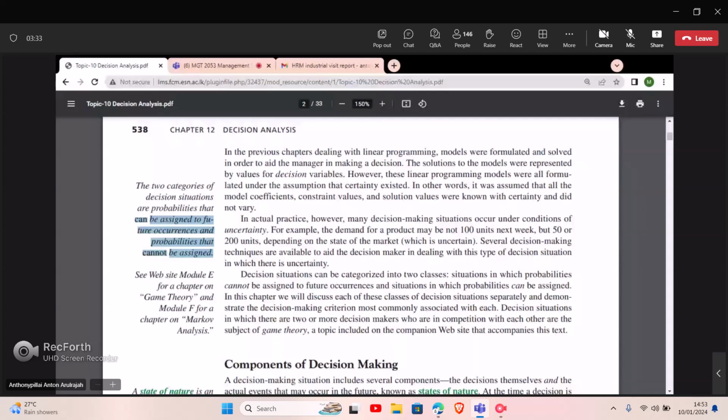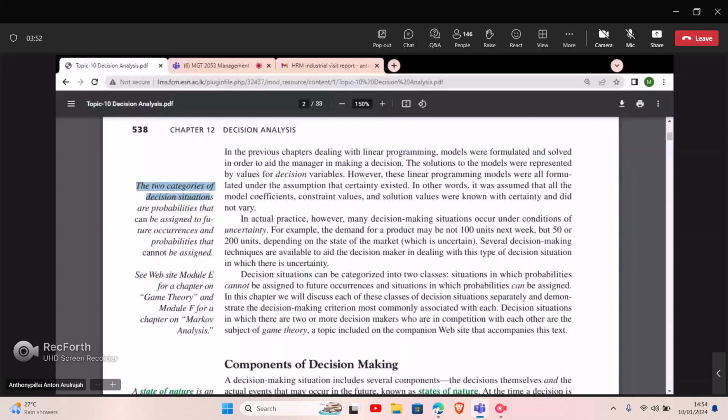So there are two categories of decision situations. For some situations, we can assign the probability, the possibility of occurrence, the chance of happening, based on expectations or past events.